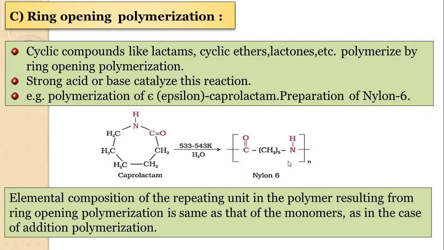This is ring opening polymerization. What is the meaning of this dash? It means polymer; this repeating unit will be repeated from the right hand side and also the left hand side. That's why these bonds are shown, and n indicates this entire unit will be repeated.